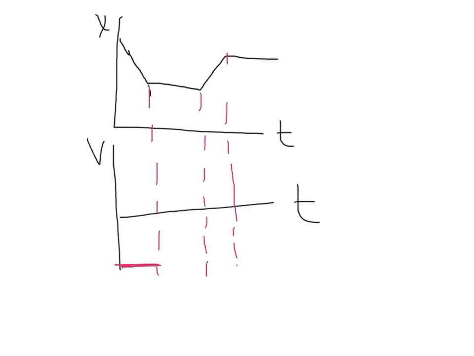Let's make it blue so we stick with our colors. Then we're stopped. Then we move positive direction, and it's not as steep as the other one, so let's not go up as high. And then we stop again. There's our velocity time graph.